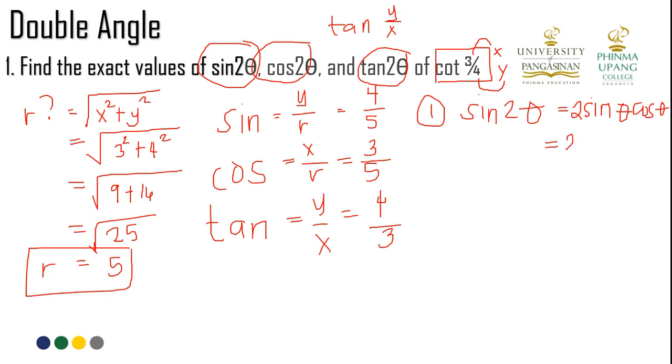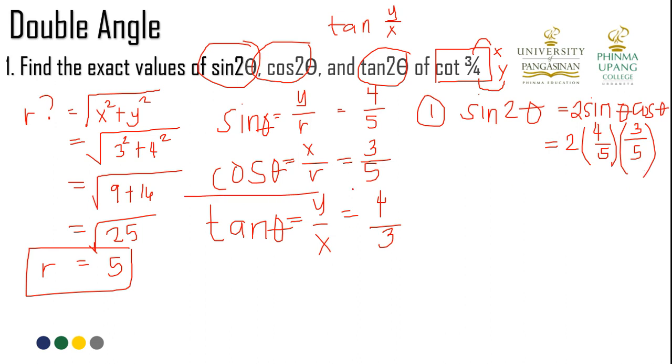Then again, write 2. Then yung sine theta natin is 4 all over 5. So 2 sine theta natin, sulat natin is 4 all over 5. Tapos yung cosine theta rather is 3 all over 5.